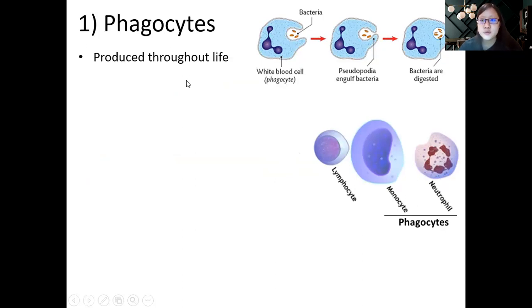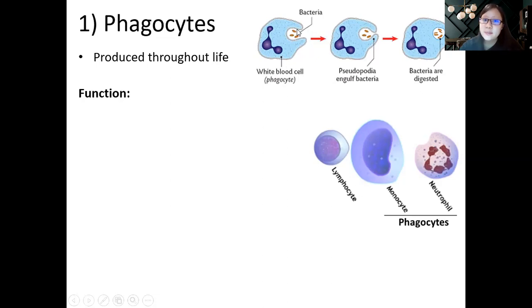Phagocytes are produced throughout life, so you keep producing them at the bone marrow throughout life. They are cells that undergo phagocytosis, which we have learned about in chapter 4. And there's this idea that the cell can recognize what the bacteria is or what the pathogen is.